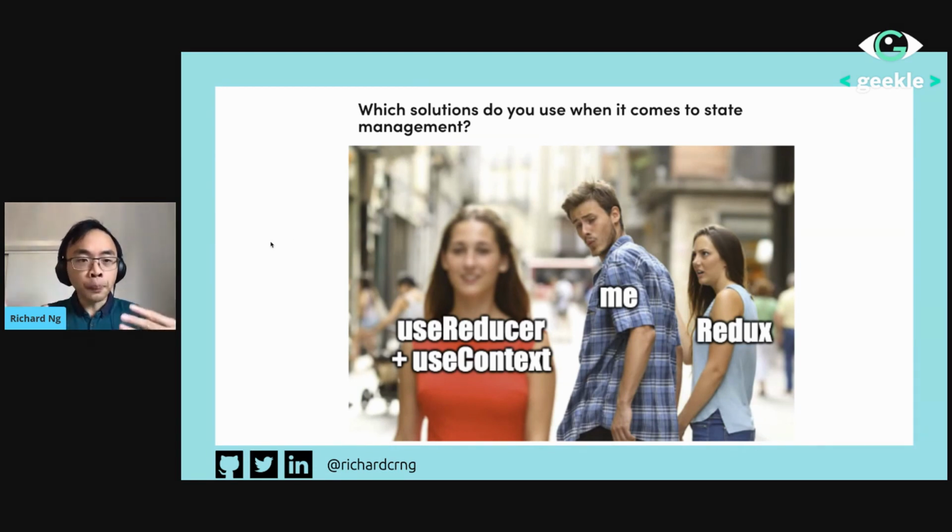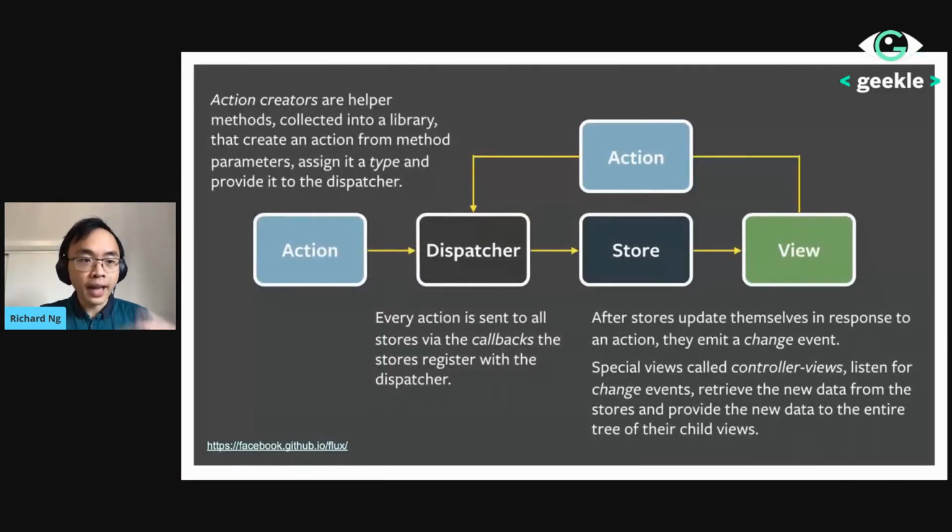This reducer boilerplate basically comes from the Flux architecture, which both have their origins in. Redux was explicitly an implementation of Flux architecture. useReducer is explicitly inspired by Redux, so they can both be traced back. Flux architecture, here's a quick diagrammatic overview from Facebook. It was developed as an alternative to model view controller.